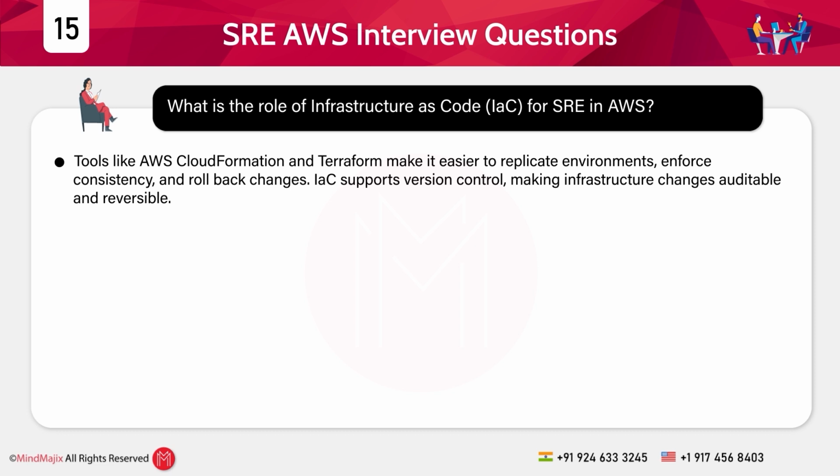IaC supports version control, making infrastructure changes auditable and reversible. It also speeds up incident recovery by allowing quick redeployment of affected systems. This automation reduces human error and improves system reliability.